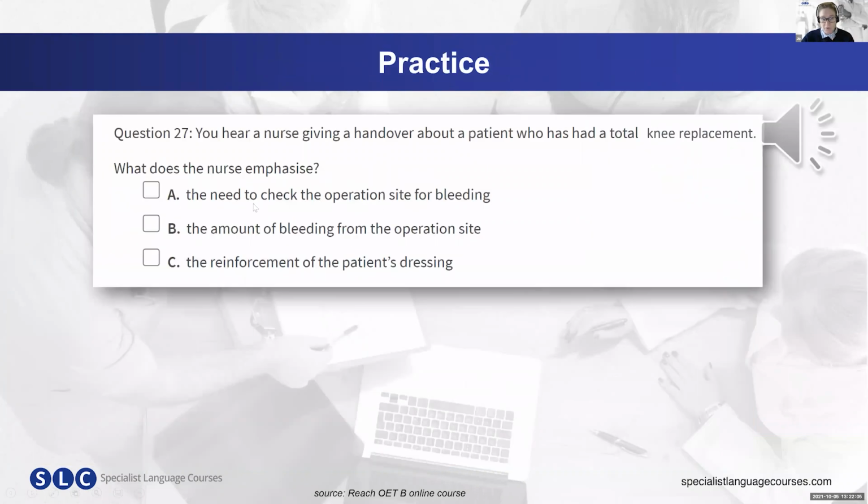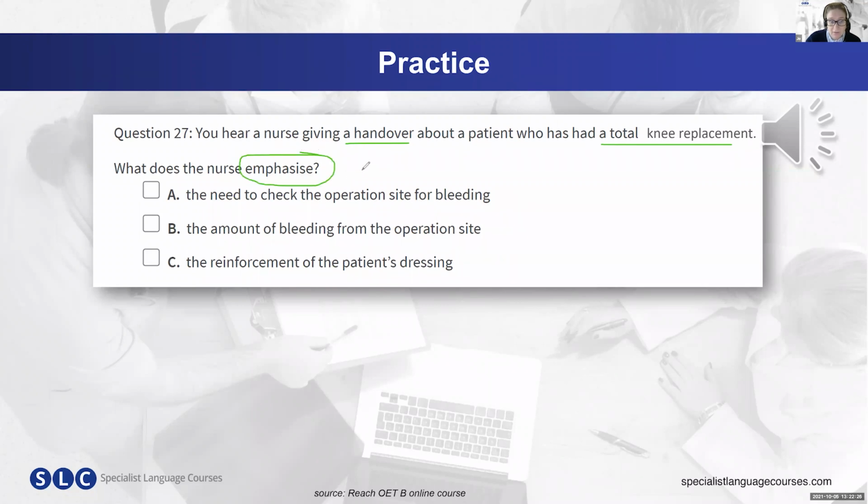I've got 2 more examples for you to have a look at. So let's look at question 27. Notice the context first. You hear a nurse giving a handover about a patient who's had a total knee replacement. And it's what does the nurse emphasize?